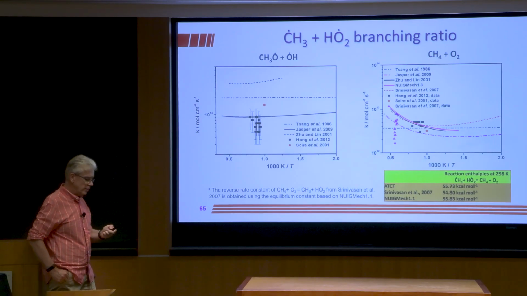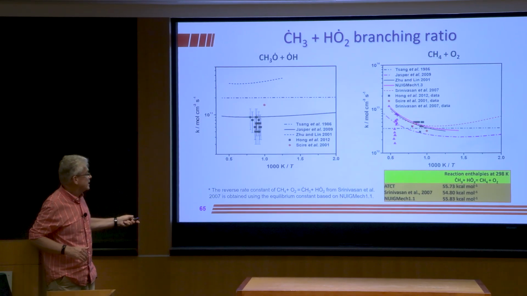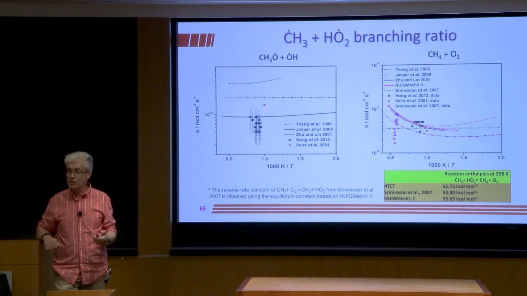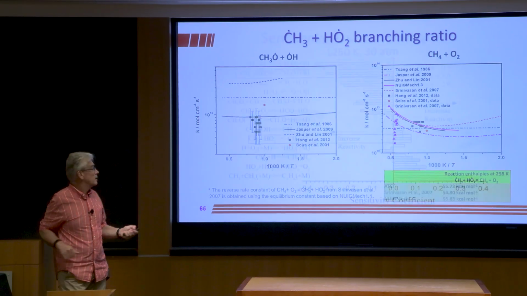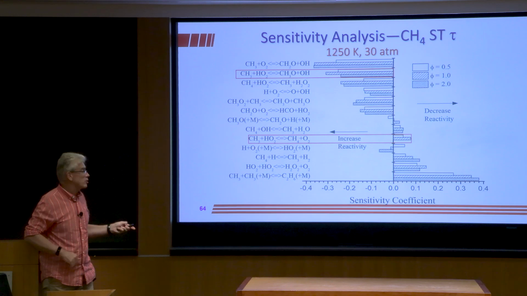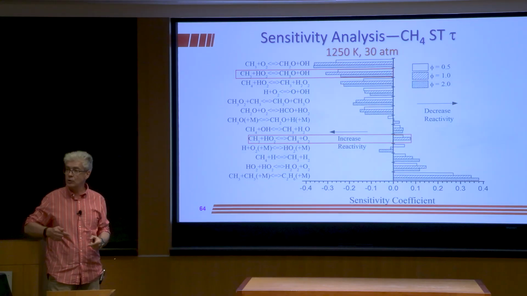But I can assure you, in our mechanism, if you adjust, even within this uncertainty, this rate constant and this one, you get widely different predictions of ignition delay times at this condition of 1250 Kelvin and 30 atmospheres, just because of the huge sensitivity to enhancing reactivity and inhibiting reactivity of those two reactions.